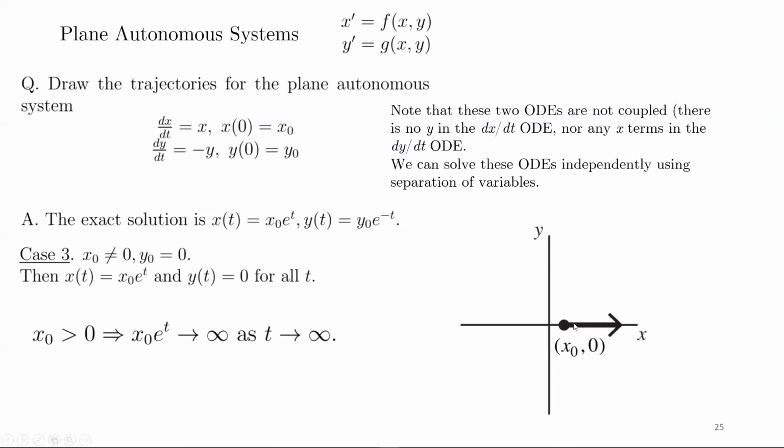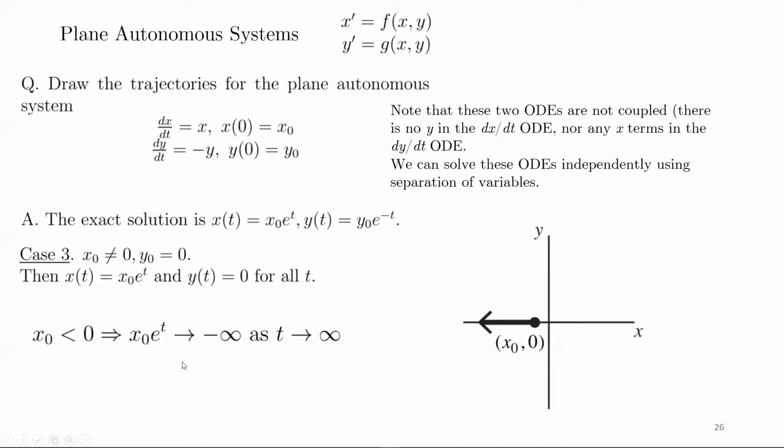So if we start at this point here on the x-axis, y naught is 0, so y is always 0, we stay on this axis. If x naught is positive, we move off to positive infinity. If x naught is negative though, well, e to the t is always positive, right? It goes towards positive infinity as t gets larger, but for no value of t does it ever get negative.